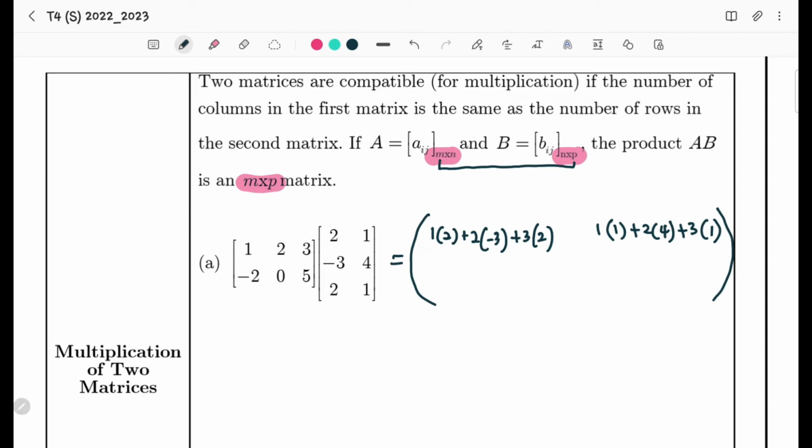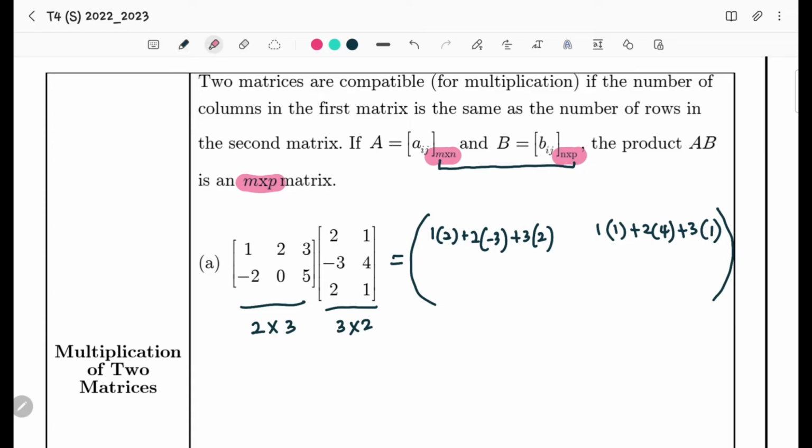So for example, this matrix times this matrix, so you have a 2 by 3 matrix and a 3 by 2 matrix.